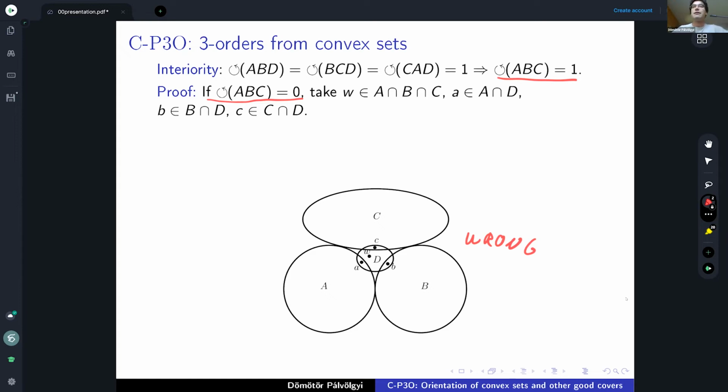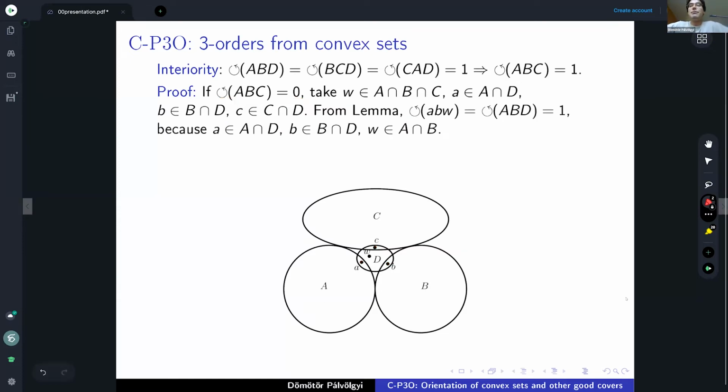So we are back to this case, and what I do is if A, B, C intersect, remember this means that A and B and C are intersecting, then I take a point W from their triple intersection. This W is drawn somewhere else because it's an impossible drawing. What's important is that A is from the intersection of A and D, B is from the intersection of B and D, C is from the intersection of those two.